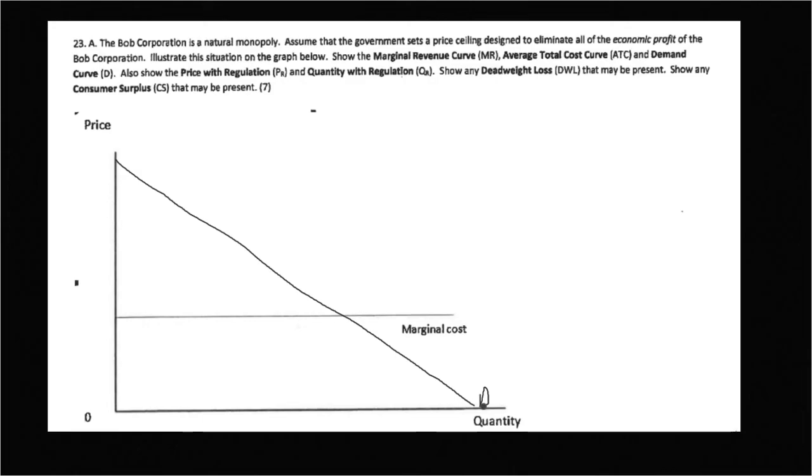So we still have our downward sloping demand curve. And the thing that's different about an average total cost curve here is that it doesn't quite intersect the marginal cost curve. It might down the line, but not where we're doing things.